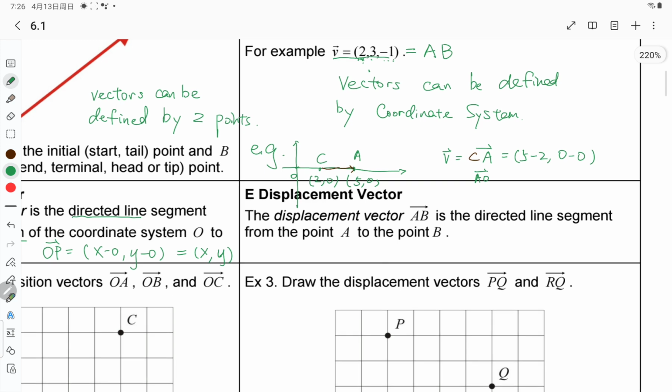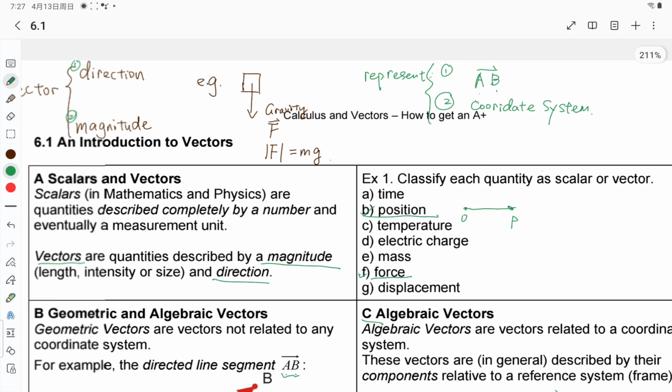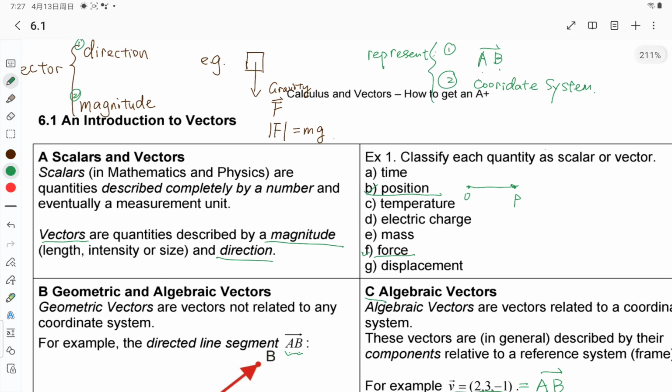Either written as AB or in a coordinate system, these are essentially the same. We just have a higher-level overview. Although we use different words to describe a vector, in the end it's essentially the same: direction and magnitude, even if we write it in a coordinate system.